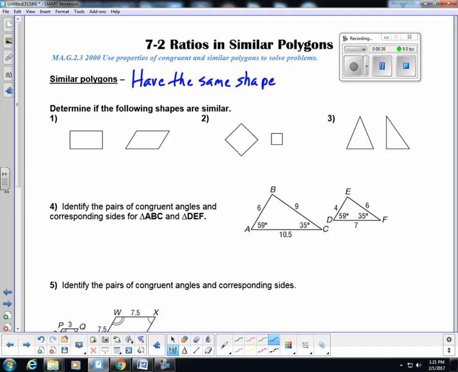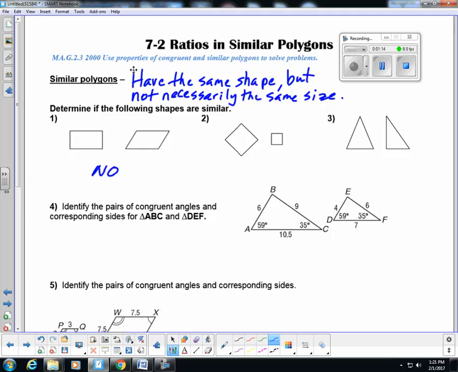And they're both the same types of triangles, whether they're both right triangles or they're both acute triangles, they have the same shape, but not necessarily the same size. Okay? So similar polygons have the same shape but aren't the same size. Not necessarily anyways.